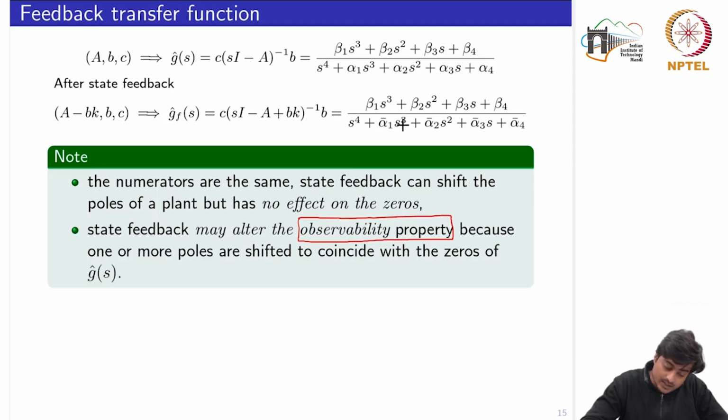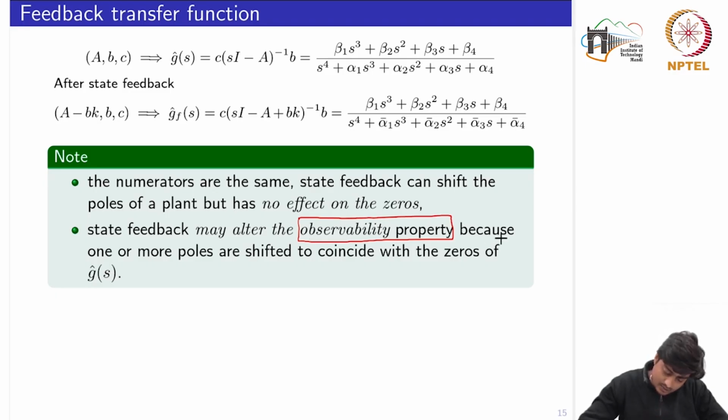Since we can shift the poles anywhere with state feedback, it may happen that some of the poles of the feedback system overlap with the zeros of the closed loop system. In that case those polynomials would cancel out, and whenever that cancellation happens, it means that the system has lost its observability. Okay, but we will see this in more detail.